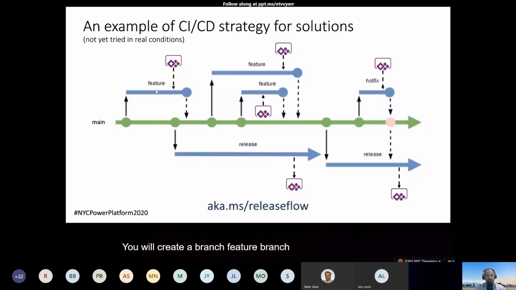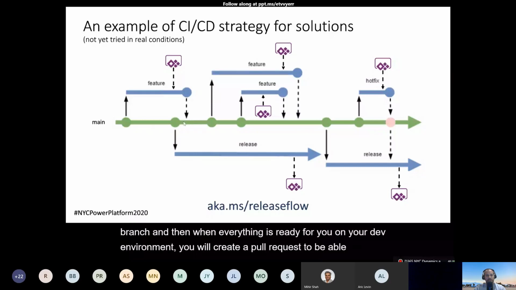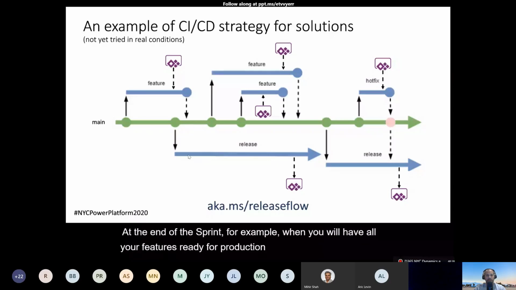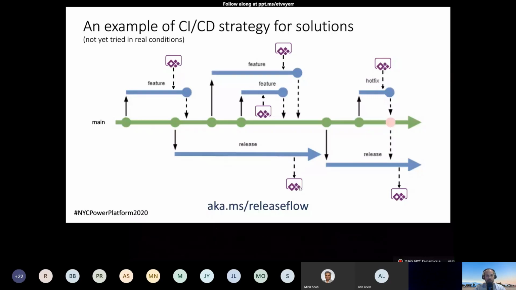You will work on that branch, and then when everything is ready for you on your dev environment, you will create a pull request to be able to push your new customizations to the main branch. At the end of the sprint, for example, when you will have all your features ready for production, you will generate a release branch, and it's from that release branch that you will push your new customizations to production. Okay, so I've implemented this strategy on a demo project, and I will show it to you now.